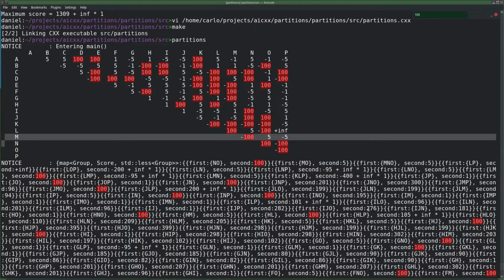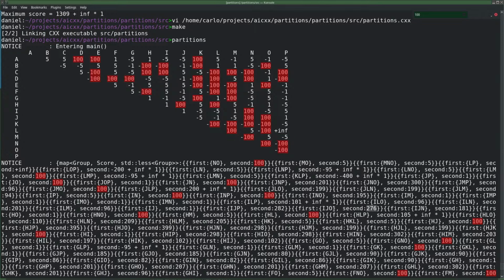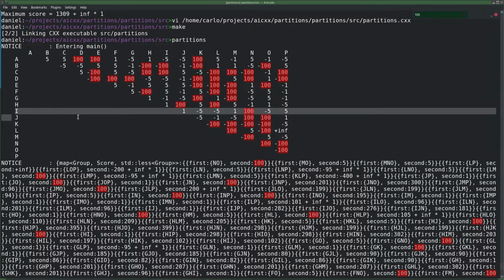Now here I see a nice one, 276 for IJO. So I have to find the three values, I and J. That's 1. And I and O is minus 5, so now we are at 4. I'm never going to get to 267. Never. Not like that. What is this? IL minus 5.